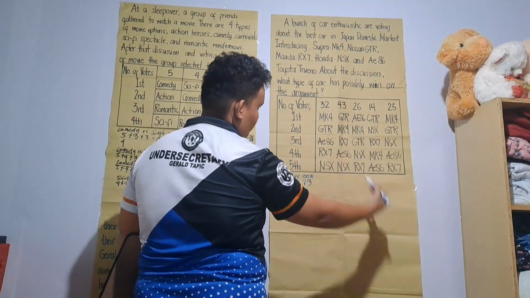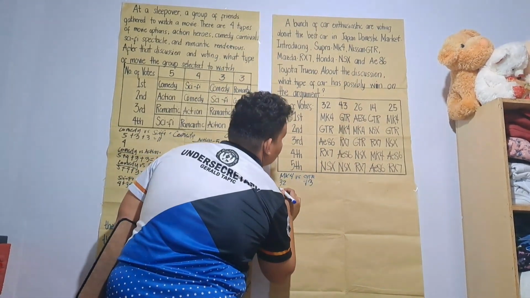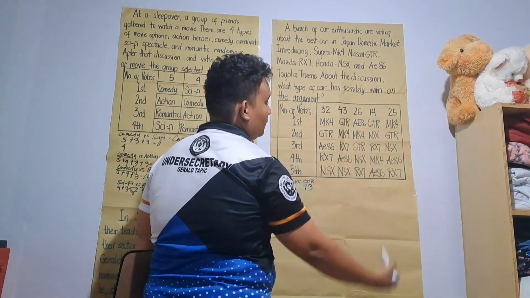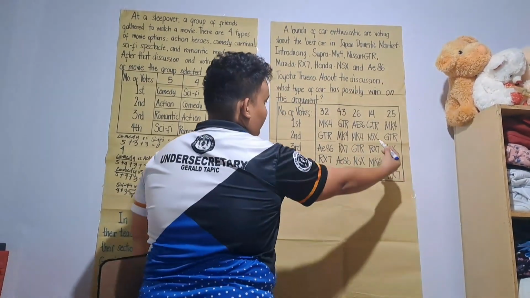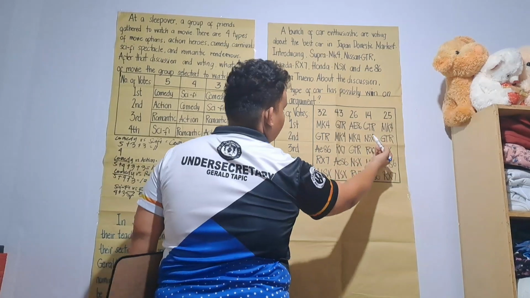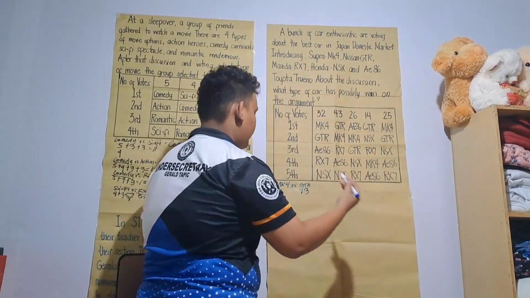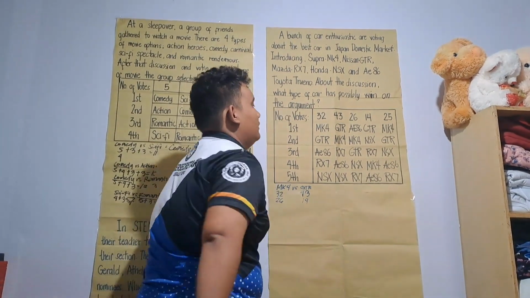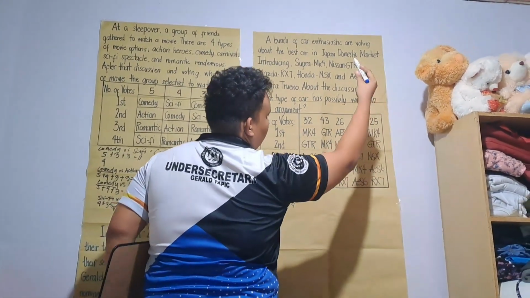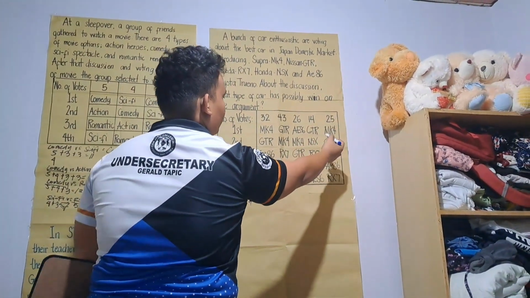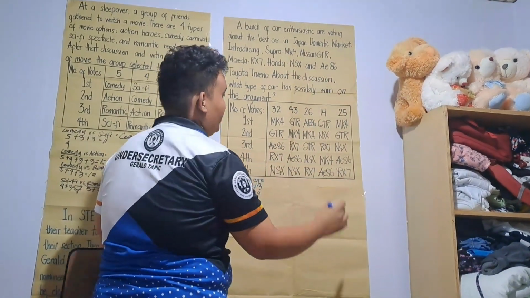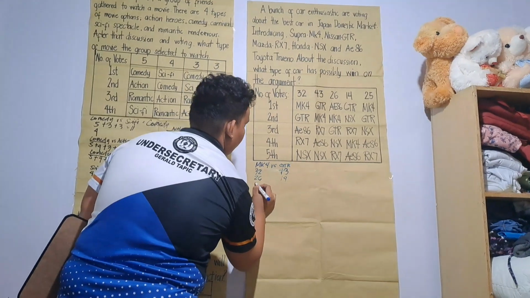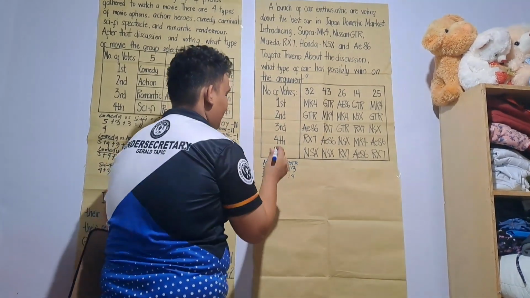So 26 votes go to MK4. Then in the fourth column, GTR is first than MK4. So 14 go to GTR. In the last column, 25 voters choose MK4 as the best car. So 25 go to MK4.